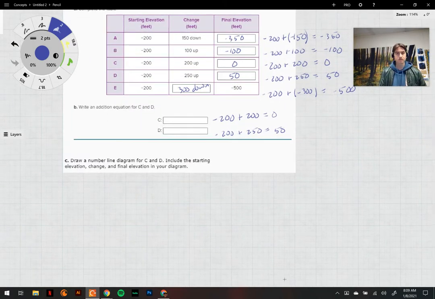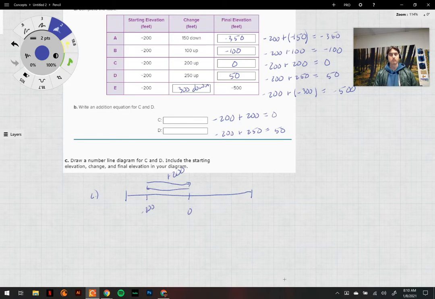Okay, so here's C. This is adding the opposites. This one's pretty easy because you should go right back to 0. So I'm starting at negative 200, but then I'm adding a positive 200. So I'm right back at 0. There is diagram C.